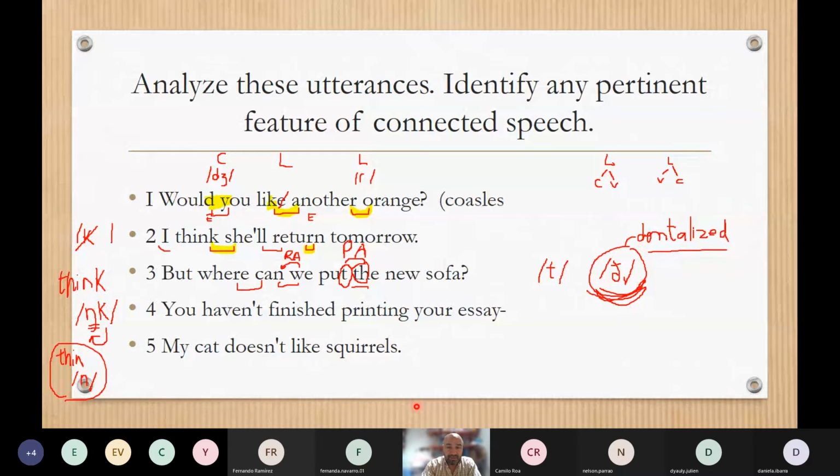So we say, pay attention, there is coalescence here, and linking maybe too. So this is what we could do as well. Tell you the feature, and then you read the sentence on your own and see, okay, coalescence should be present in "would you," right? And linking might be in "like" and "another orange." There you go. And then you read it aloud a couple of times. Would you like another orange? That's another way to do it.